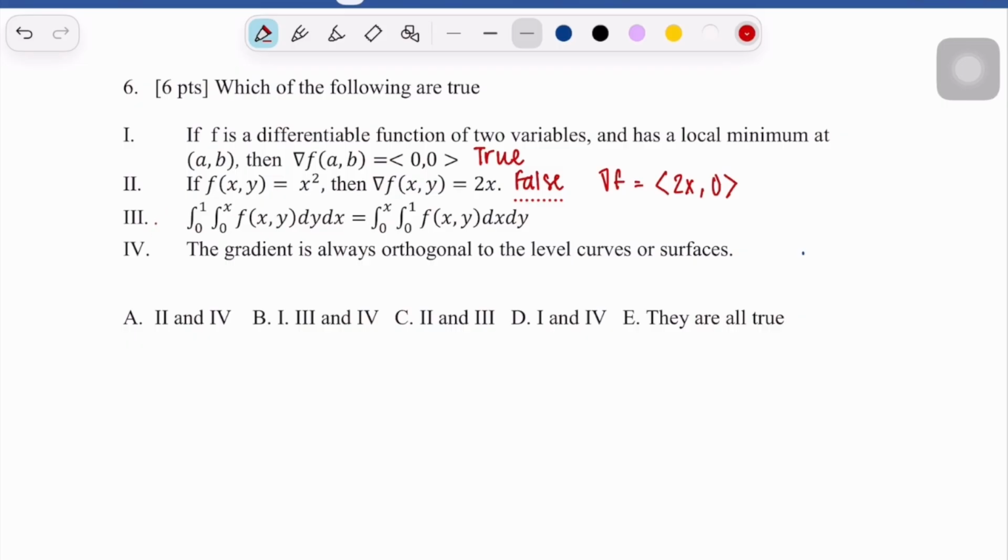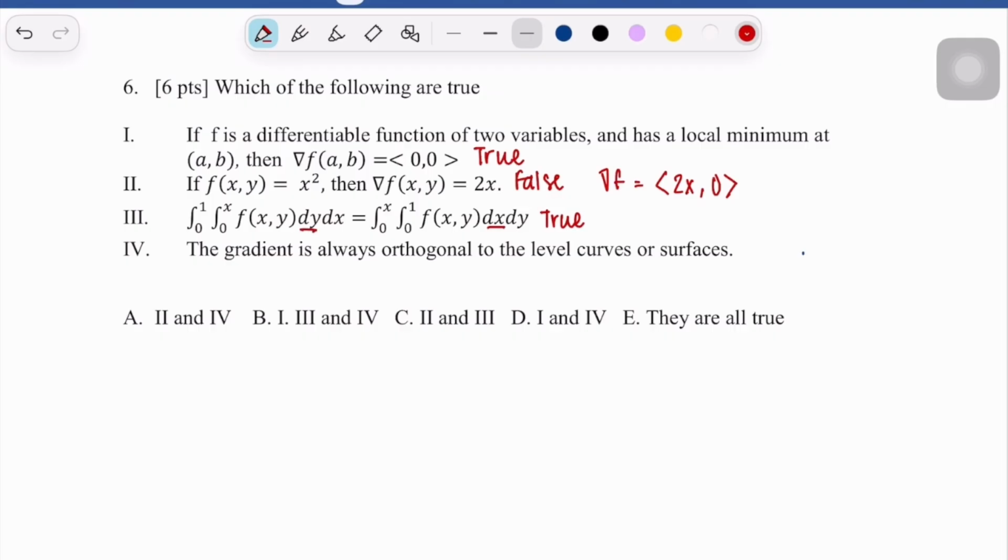Then for part 3, this is just reversed, and this would be true because the order of integration doesn't matter in double integrals. You're still going to get the same answer. Doesn't matter if you integrate with respect to x first or y first.